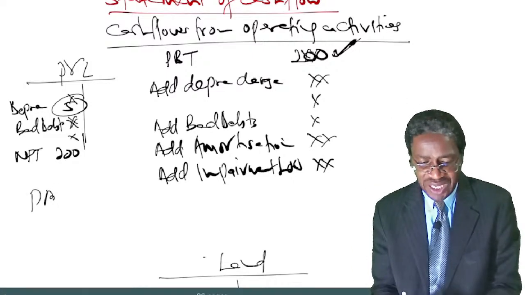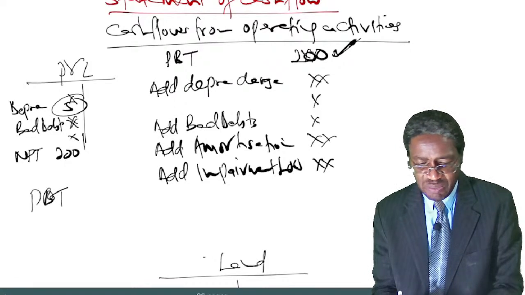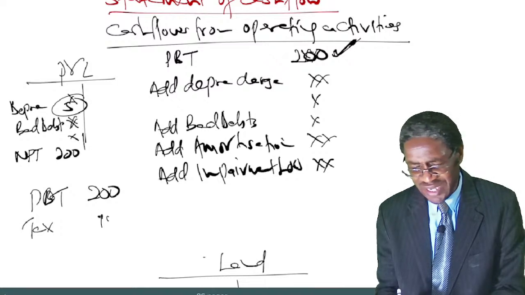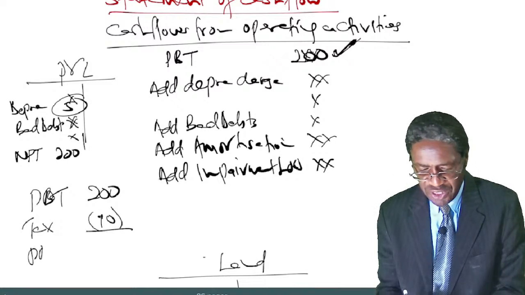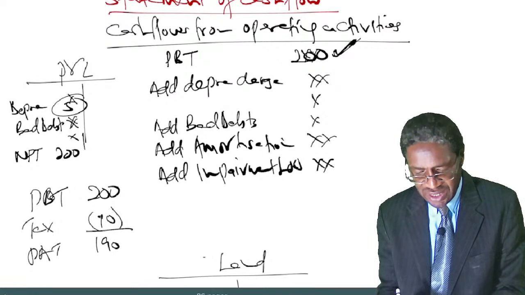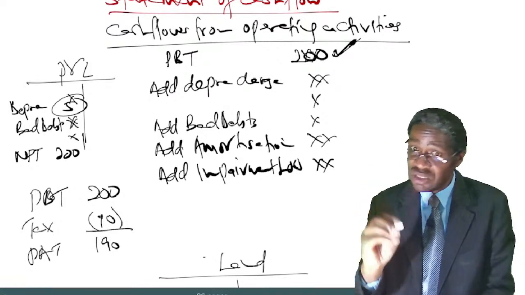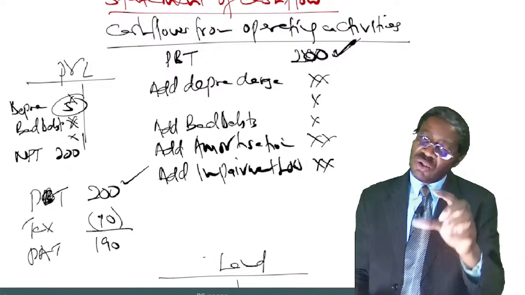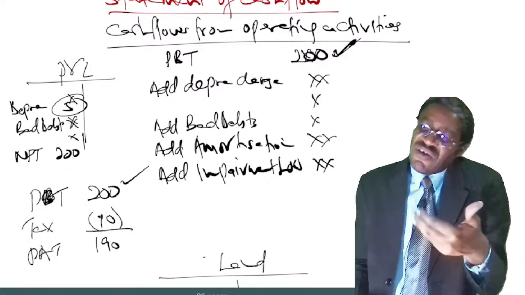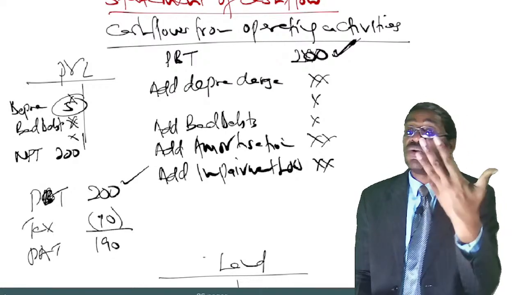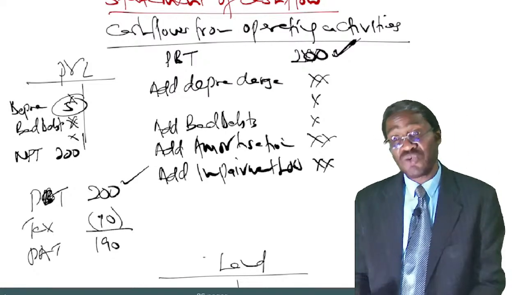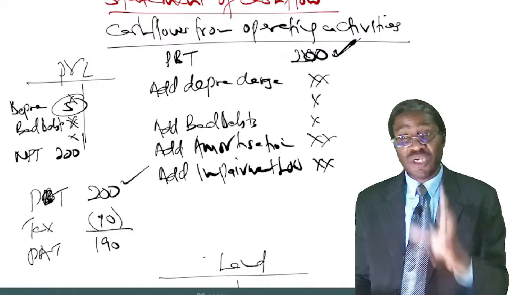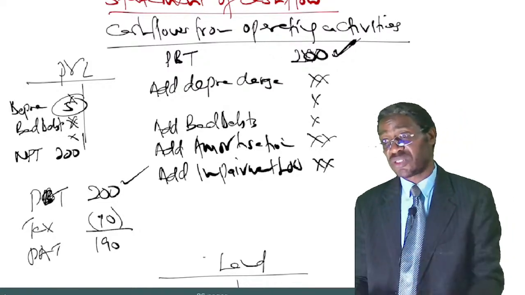You went to the P&L account, you got this profit before tax of 200. We normally deduct tax of, let's say, 10. You get profit after tax of 190. So this tax, is it affecting what I'm adjusting? No. So tax, you don't use it among the non-cash items. We shall talk about where to use it. Good.